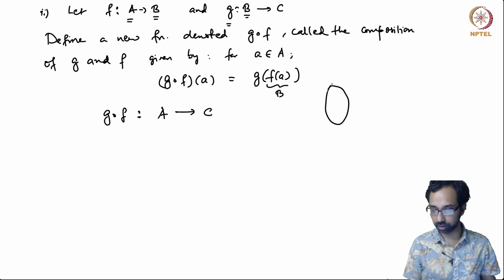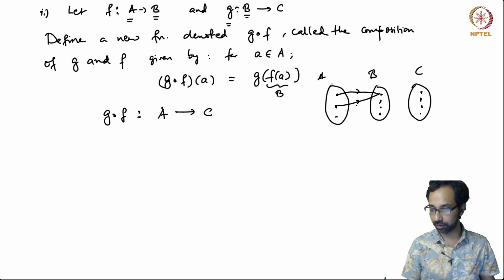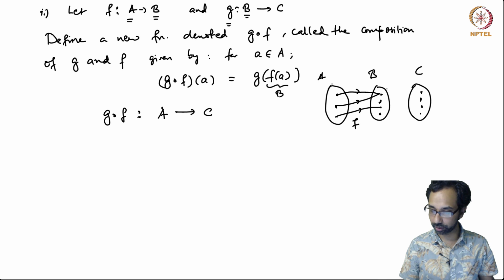So let me draw a picture. So here a, b and c are three sets. So the first one gives you f, this is f, and the second one gives you g.